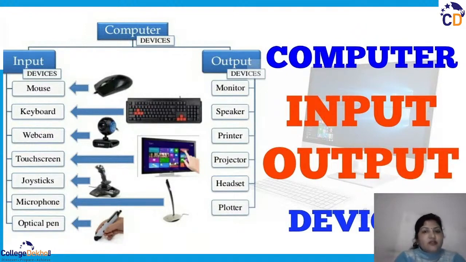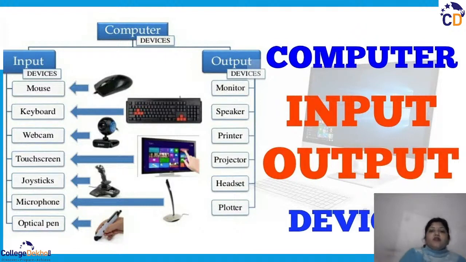Then printers, you give a command to the printer and it is going to print a page, right? Then projector, which you use when you want to cover a large audience. Maybe you are in an auditorium, you may be using projectors for that. Again, it is going to display the content on the screen. Then headsets and plotters are again some of the output devices.